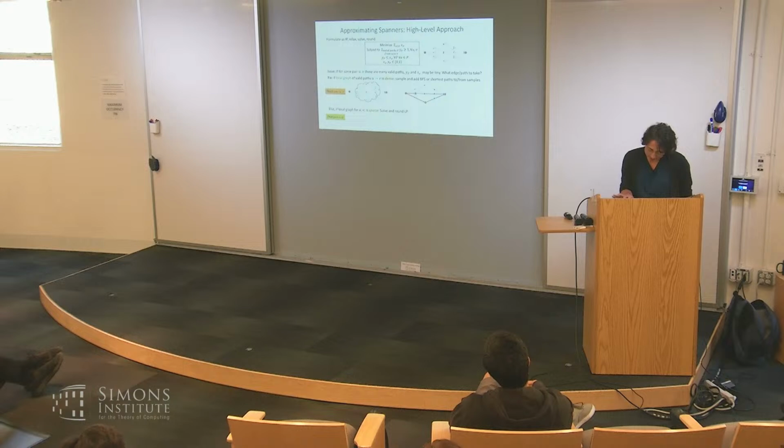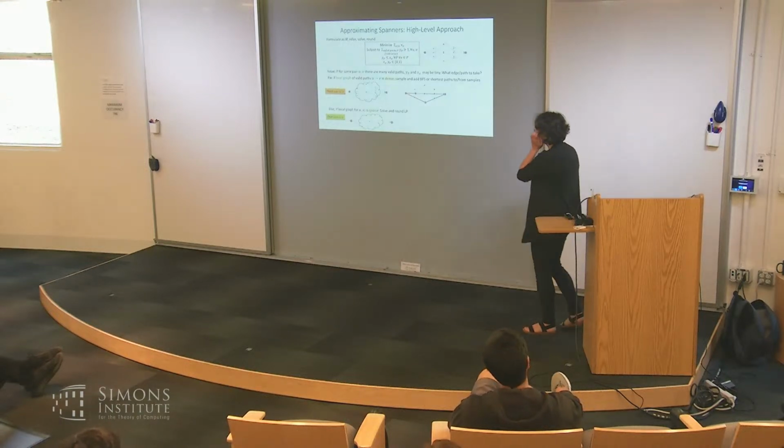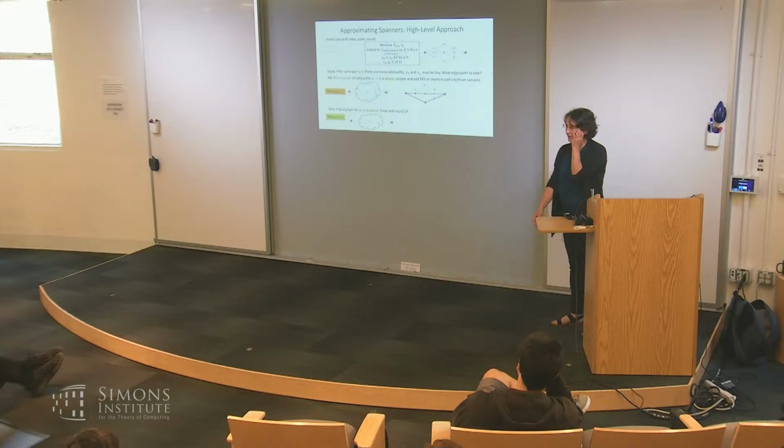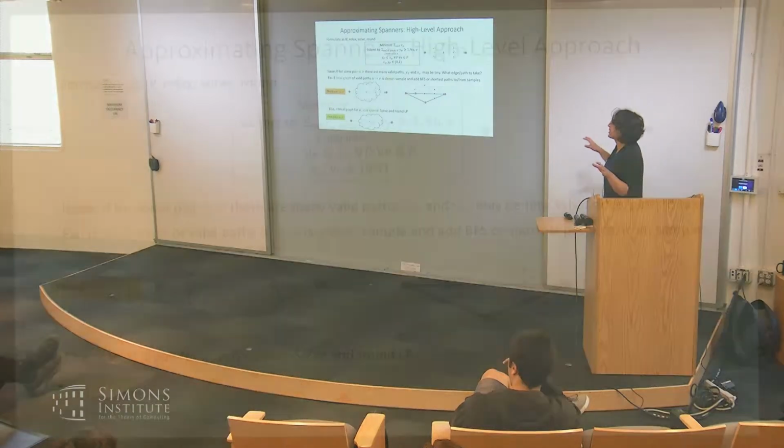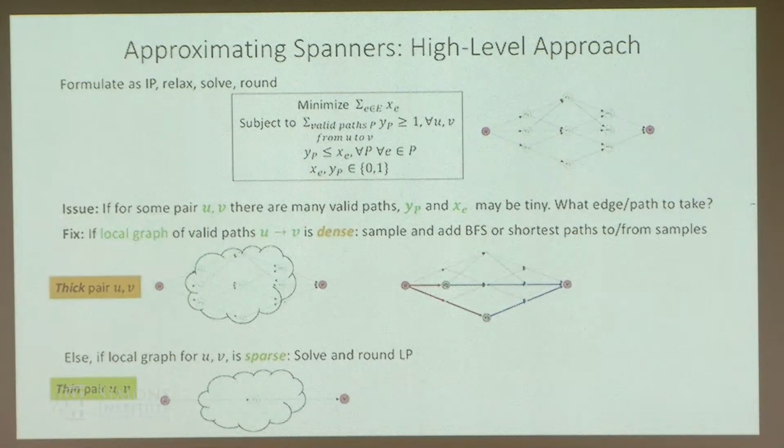So, in the remaining setting, when the local graph is sparse, we're going to solve the LP and round in some problem-specific manner. This picture will come up again and again because this is the very high-level approach for all the problems we're looking at. It turns out that for each of the problems, one has to redefine everything.